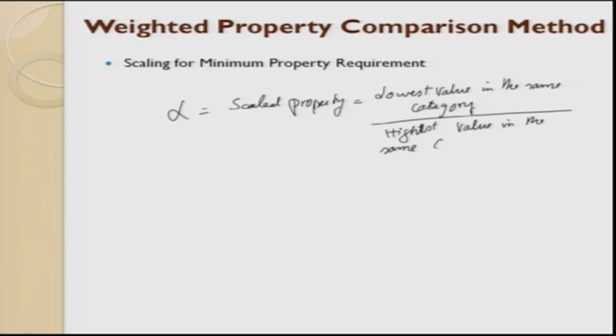So basically what are you trying to do? You have done for maximum, you have done for minimum, and then you multiply it with 100, so you get the value.